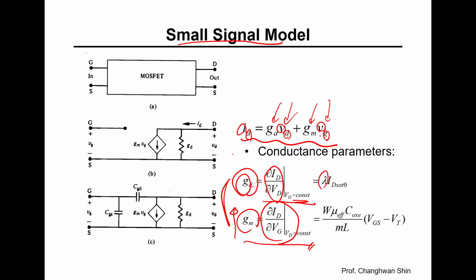This small signal model is represented by the equivalent circuit shown in this slide, figure B: the current source controlled by the gate voltage and the output resistance representing the channel length modulation effect.